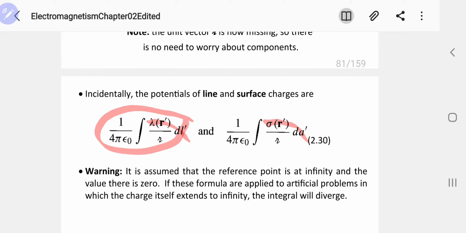So you have to find another reference point in which the potential has to be 0. Anyway, we discussed that in the previous lecture.